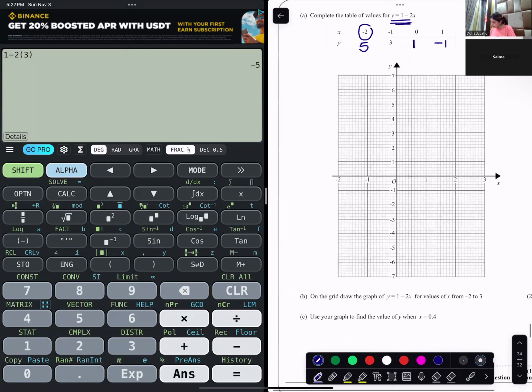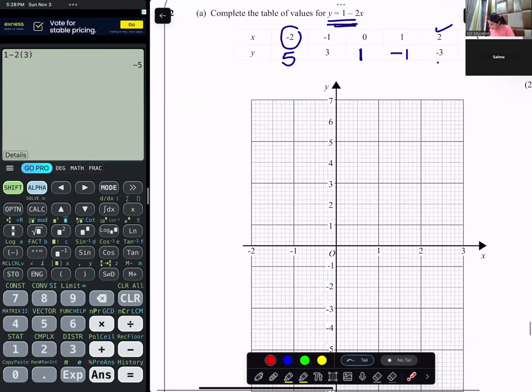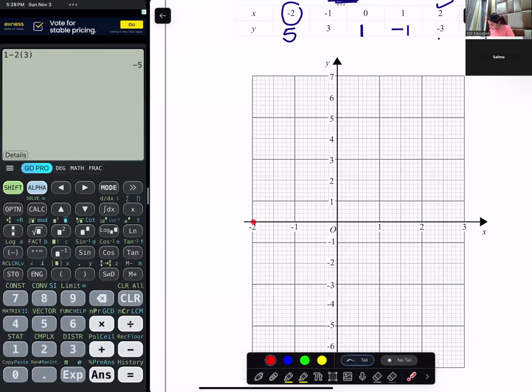Okay, come on, let's plot the graph. When x is minus 2, y is 5.